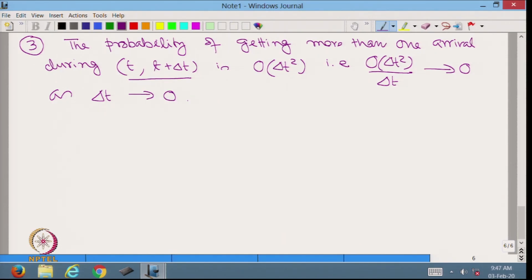That means that this is a very, very small quantity even in comparison with delta t.